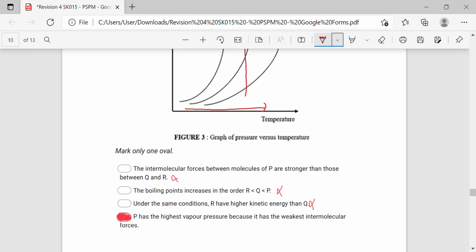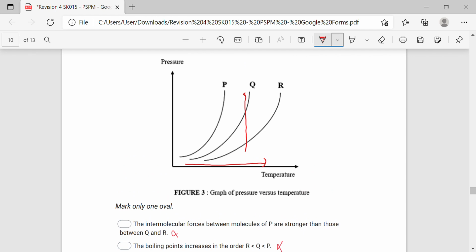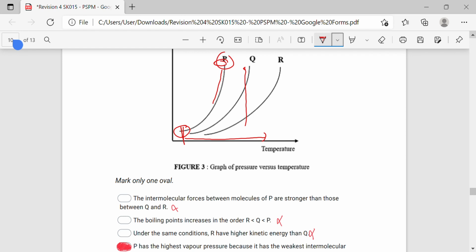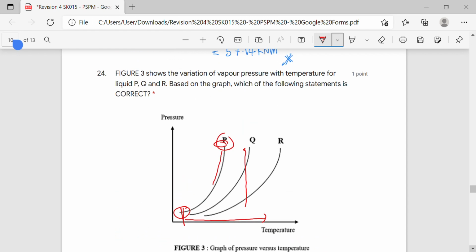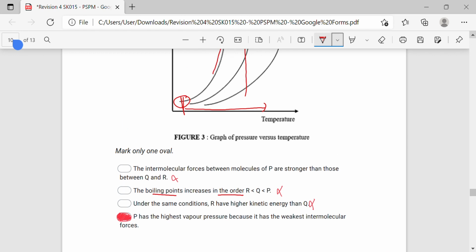Intermolecular force between P are stronger than Q and R? At lower temperature, the pressure is high, so its intermolecular force is actually weak, because at low temperature it has already become vapor. Boiling point increases in the order R, Q, P. So the highest boiling point is P.